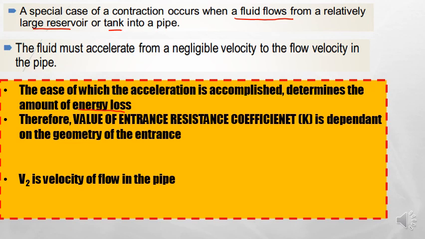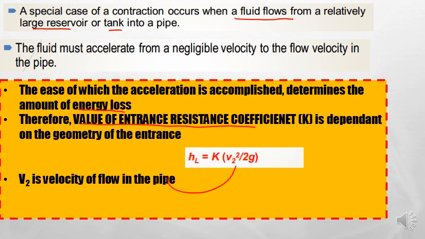The value of the resistance coefficient for entrance loss actually depends on the geometry of the entrance. If you still remember, there are four categories of entrance loss, and the HL contributes to the effect of the energy loss in entrance loss.